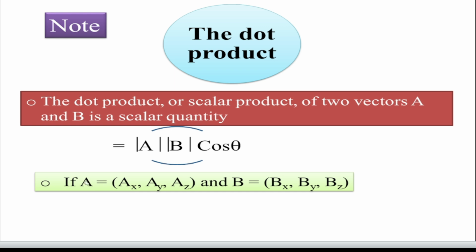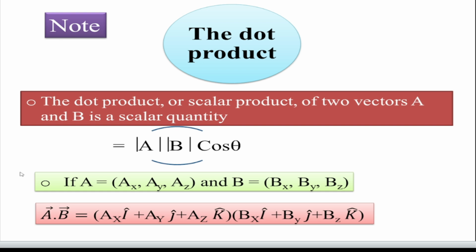Look, this vector consists of three terms, and this vector consists of three terms. Of course, it doesn't matter. Great. That means we're trying to multiply a trinomial by a trinomial. Now this is the way.